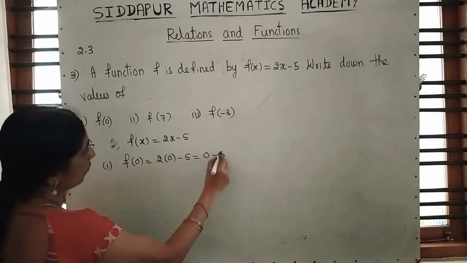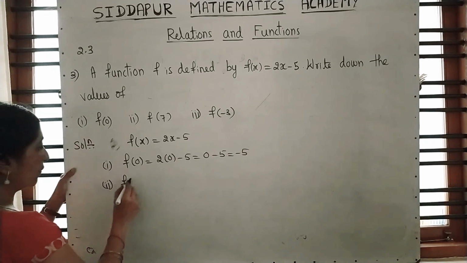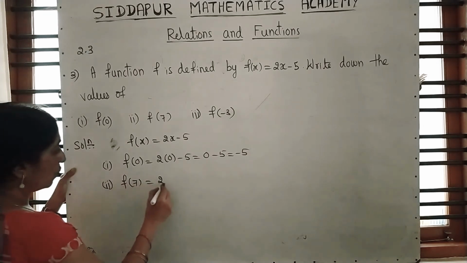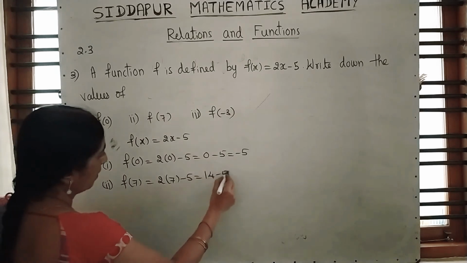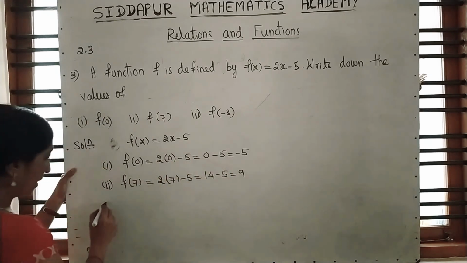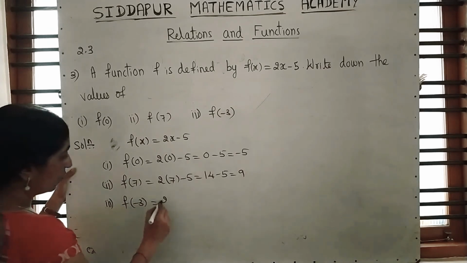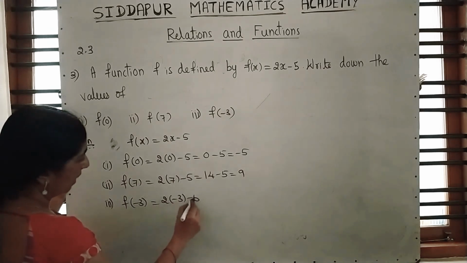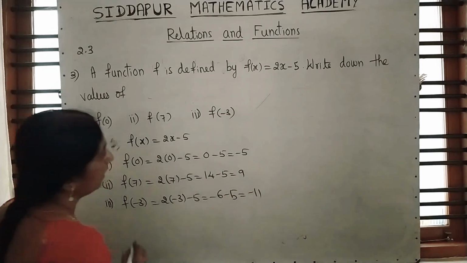So it is 0 minus 5, is minus 5. Second one, f of 7. 2 into 7 minus 5. That is 14 minus 5, 9. Then third one, f of minus 3. 2 into minus 3 minus 5. Minus 6 minus 5 is minus 11.